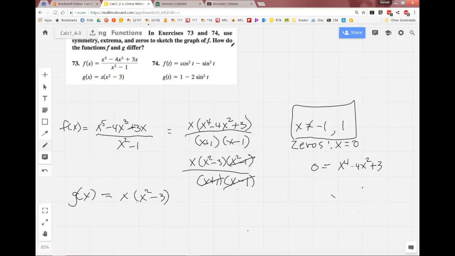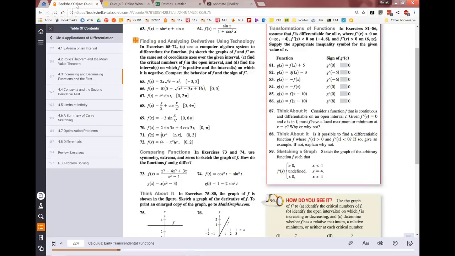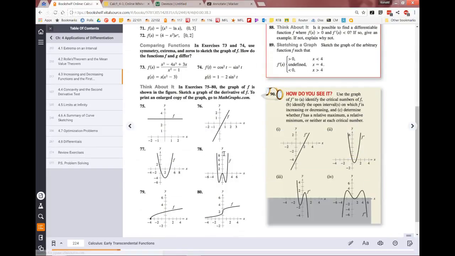Okay, now somebody asked me about 75? I believe so. Okay, number 75. In exercises 75 to 80, the graph of f is shown in the figure. Sketch a graph of the derivative of f. To print an enlarged copy of the graph, okay, let's see, I'm going to grab that.